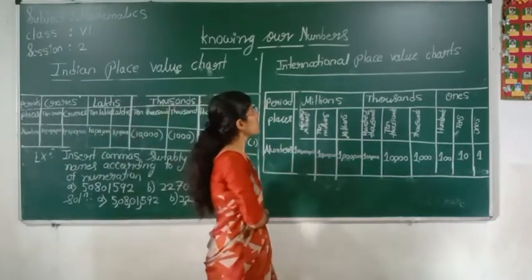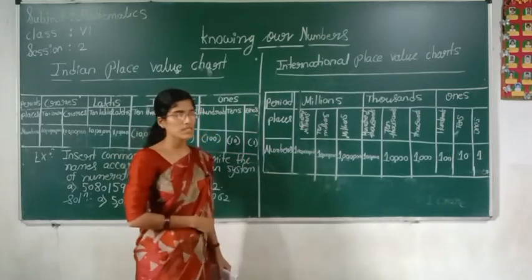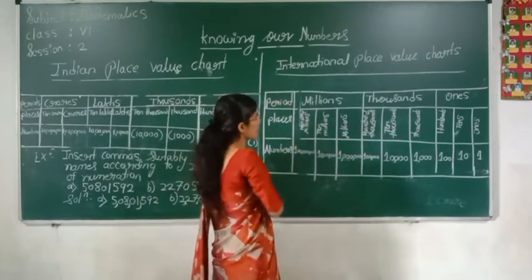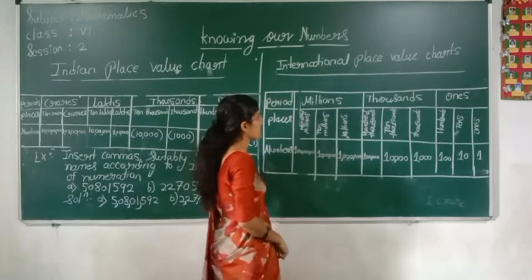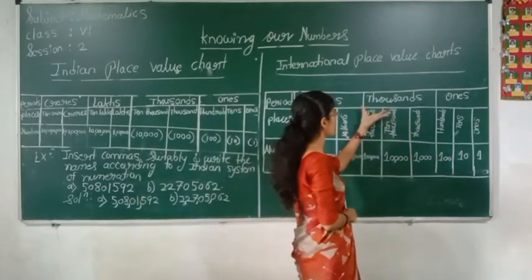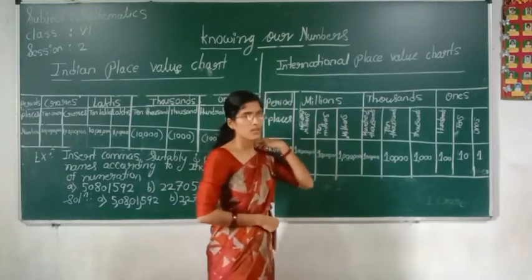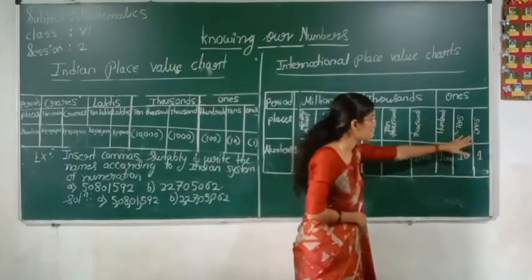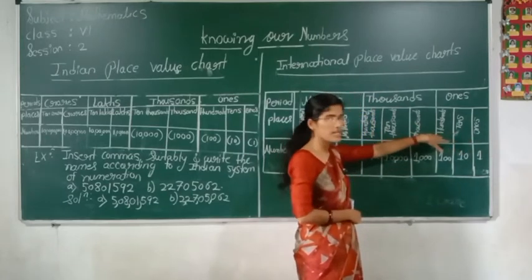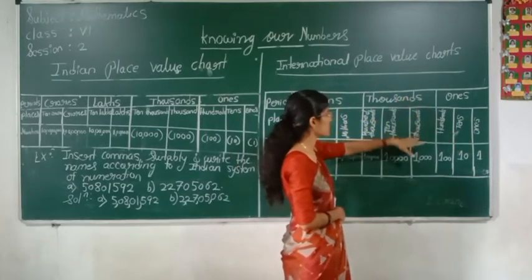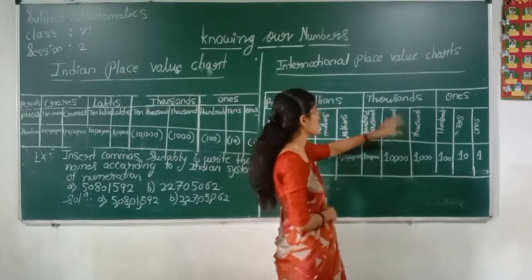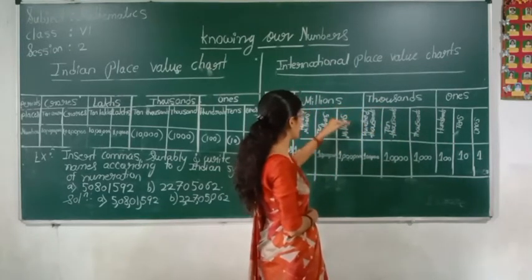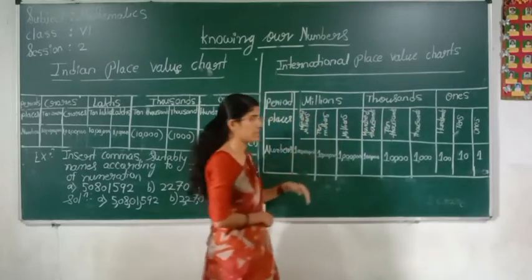Now one more place value chart, that is the international place value chart. In the international place value chart, they have divided the periods as ones, thousands, millions. Ones has ones, tens, hundreds. Thousands has thousands, 10,000s, 100,000s. Millions has millions, 10 millions, 100 millions.